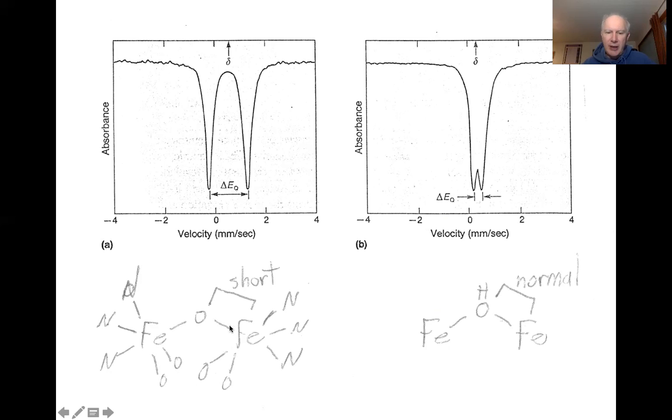So it's 6-coordinate iron 3 plus, 6-coordinate iron 3 plus, and then an oxygen there. And it turns out the oxygen bridge forms a really short bond with the iron. And so this is a pretty asymmetric environment. Even though it's octahedral, you have 1 short bond and then 5 kind of normalish bonds. And so it's an asymmetric environment, and you get a fairly big splitting between the two peaks in the Mossbauer spectrum.